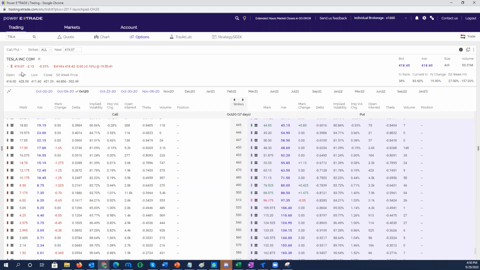He of course made money on this, 419 to 500, so $80 into 300 shares, 24,000, plus 2,100. So 26,000 he collected. But the only problem is he lost all his Tesla shares in this case.